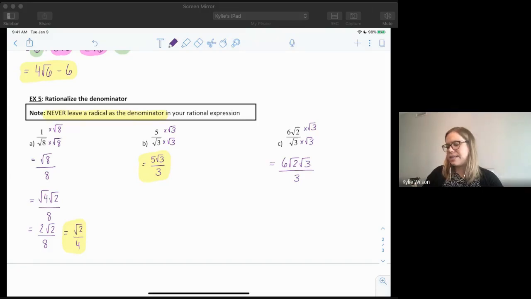And now we can simplify root 2 root 3. So that will give us 6 root 6 all over 3. And then we just want to simplify the coefficients there. So 6 divided by 3 will just give us 2 root 6. And that is as simple as we can get it.